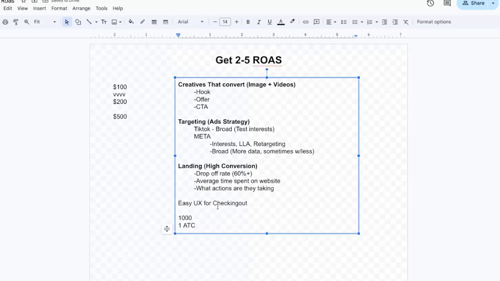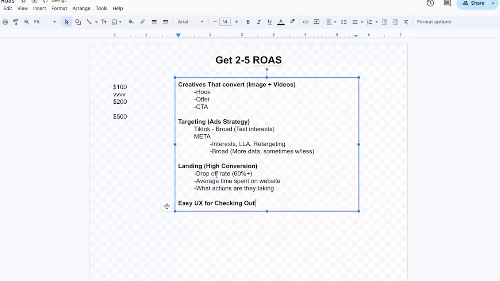UX is the user experience. So once someone has a good landing page, it looks legit, it builds authority, you just want to have an easy way for people to check out properly. Because if someone is unable to take out their card and spend properly, or they don't know how to do it, then that's a problem.